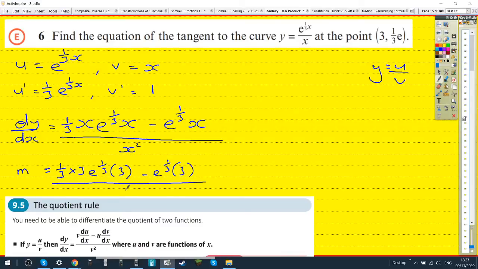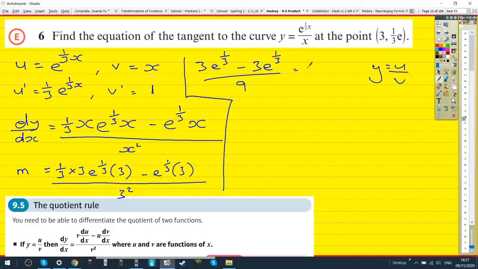I'm writing this to show my working out. So right now I've got 3e to the third minus 3e to the third, all over 9. So what does that make? 0. That seems wrong.